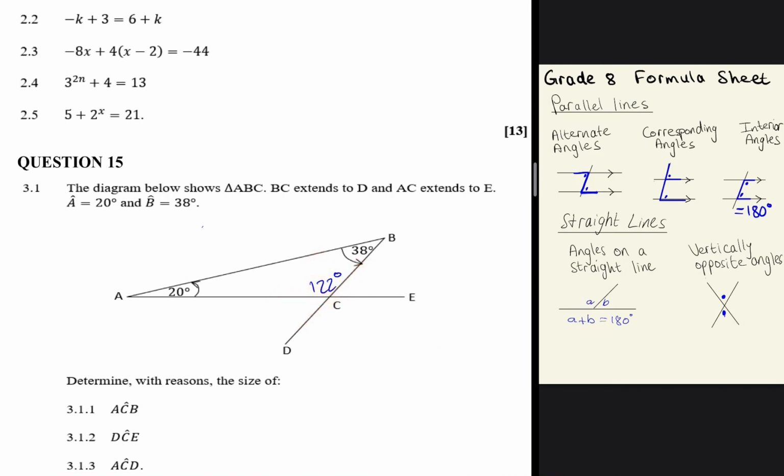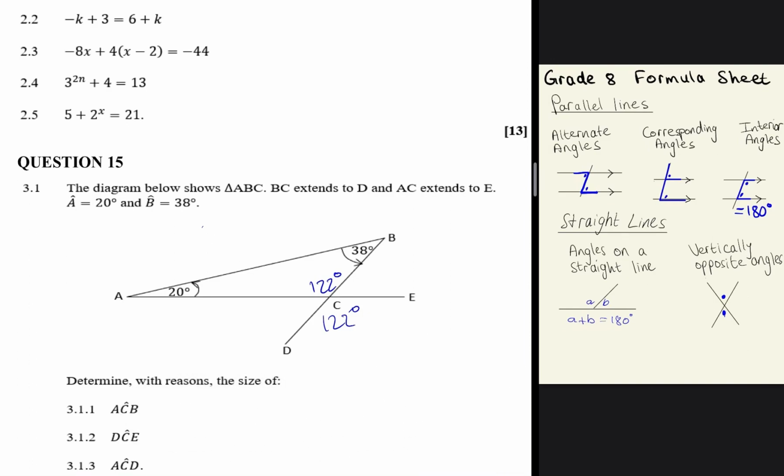There we have the straight line. We have the 122. That means this one here will also equal 122. The way you write it, you just say angle DCE equals 122 degrees, and the reason is vertically opposite angles.